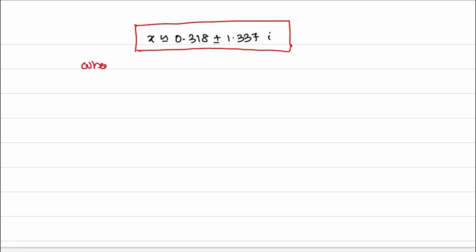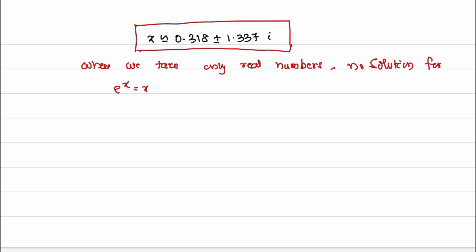When we take only real numbers, there is no solution for e to the power of x is equal to x. This is the complex number solution. Now, this is one part of the problem.